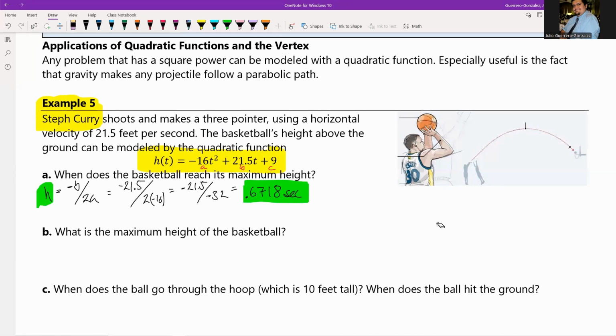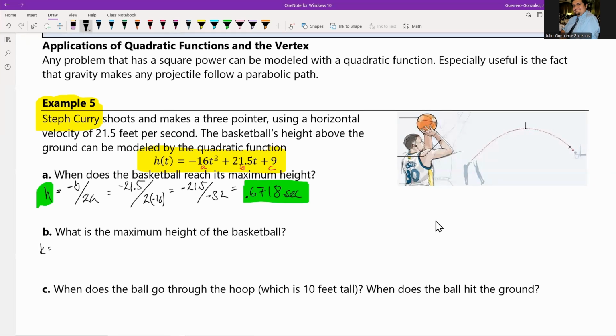But to find that maximum height, we need to grab our h, plug it back into our h of t there. Okay. This is actually a good practice. Notice that I had an h here and an h here. Just know which one I'm talking about, right? So I'm going to plug my h from my vertex into the function h. Whew. Okay.